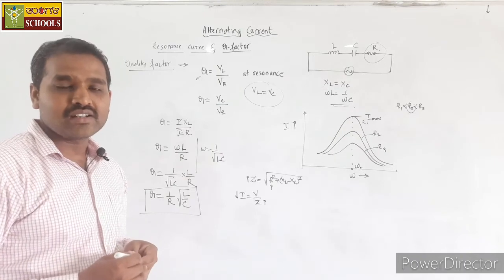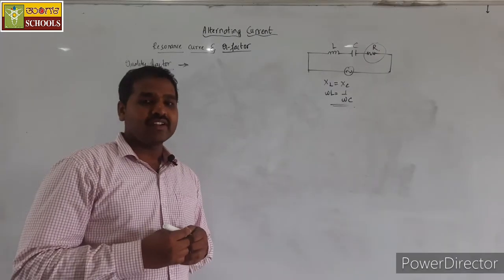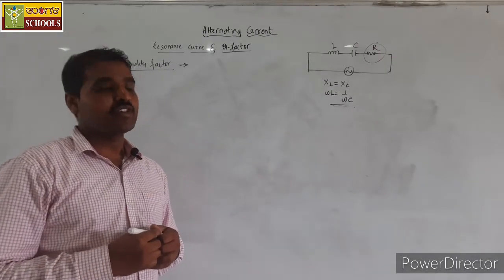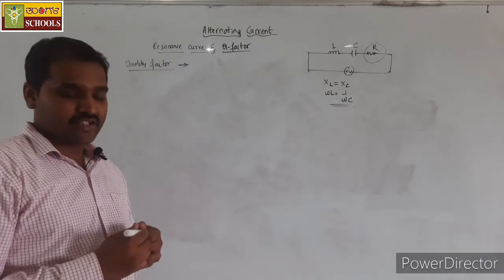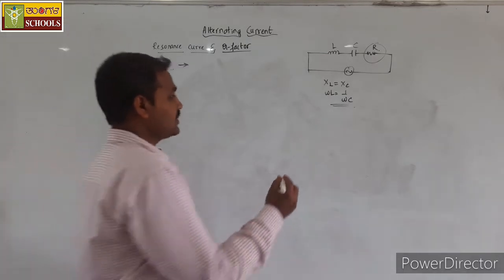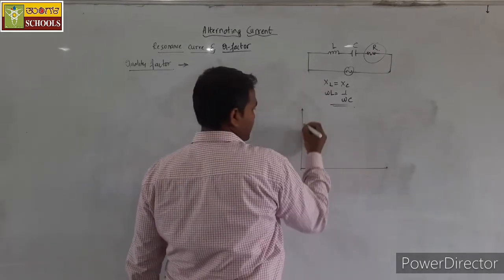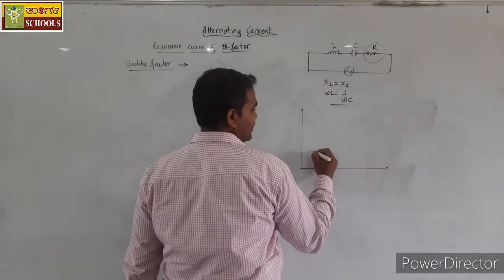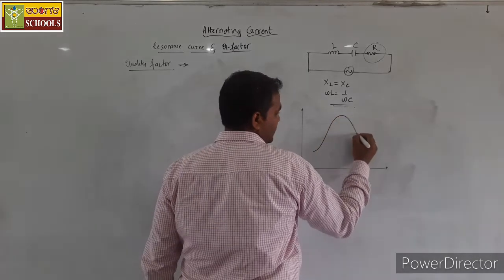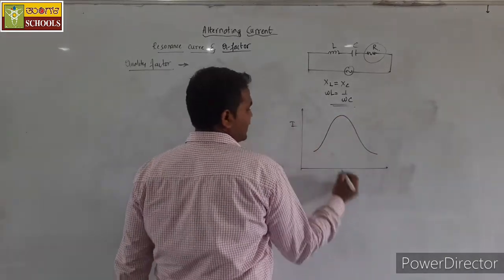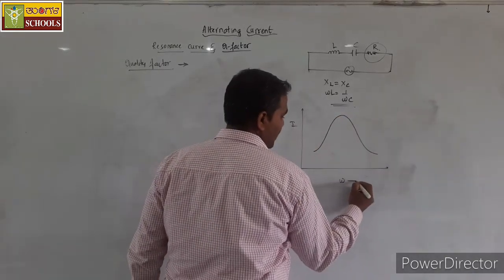in the LCR circuit. This quality factor can also be defined in terms of bandwidth of the resonance curve. So for that, let me consider a resonance curve here. Let me take only one curve. Yes, so this is the variation of the alternating current with respect to omega.